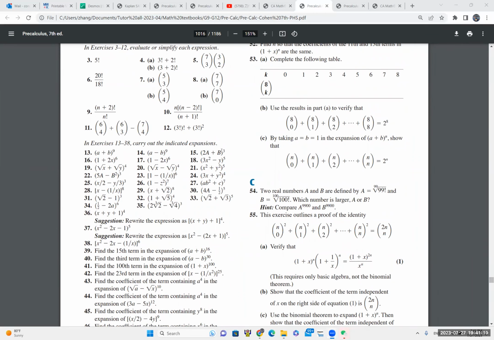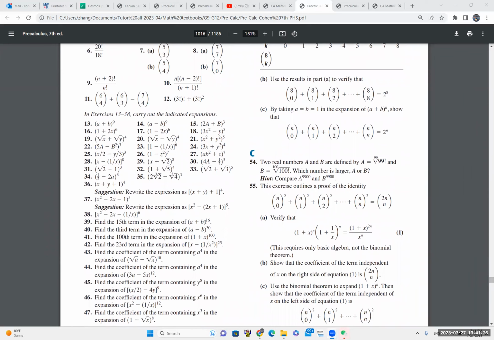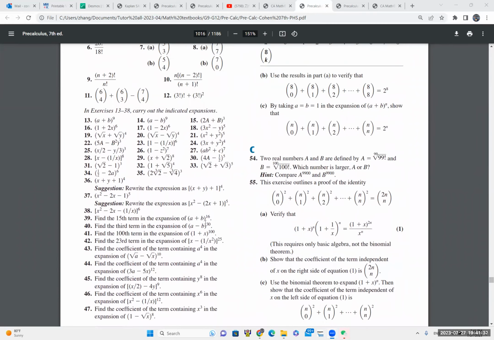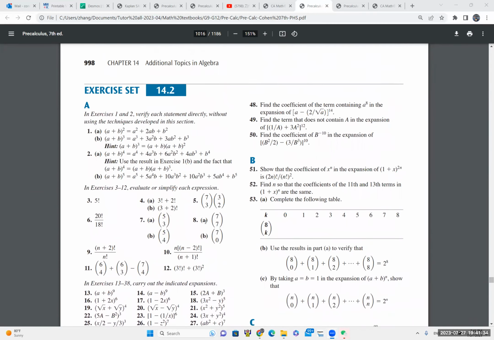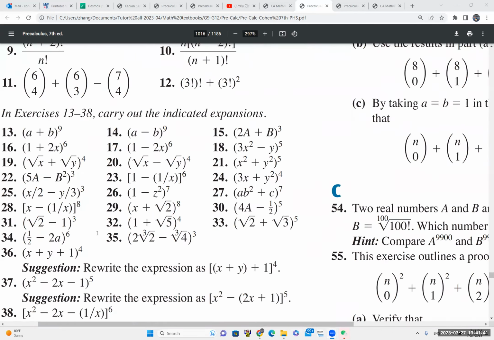Carry out the indicated experiment. Let's just choose one from here.